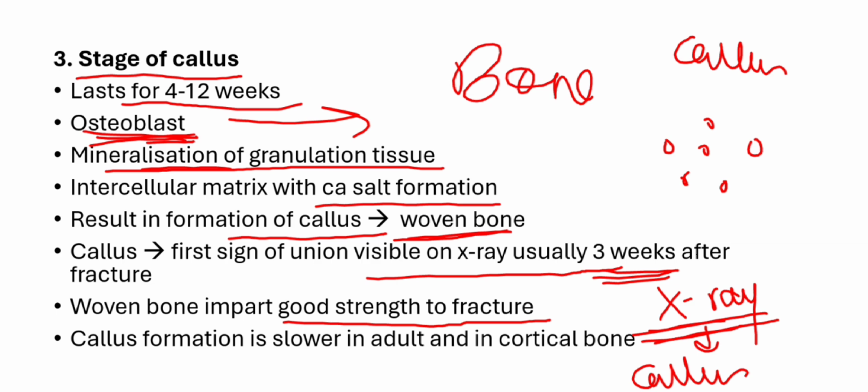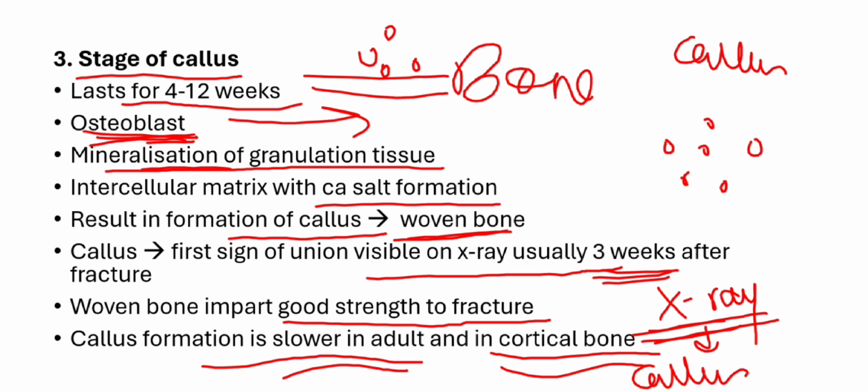Callus formation is slower in the adult than in the younger children, and it is also slower in the cortical bone than in the cancellous bone. So callus formation is slower in adults and the cortical bone. In this, calcium salt formation takes place, which gives shape to the callus, and then this callus converts into woven bone.